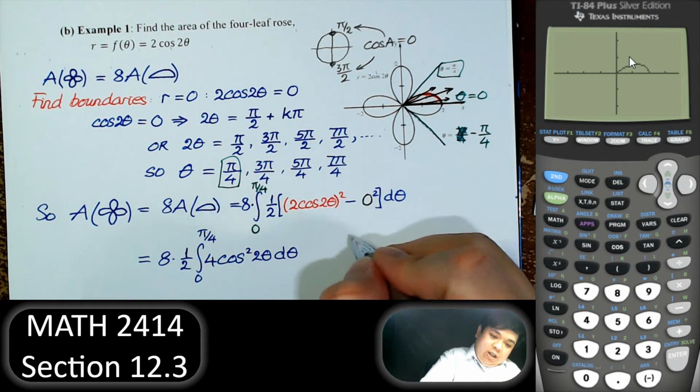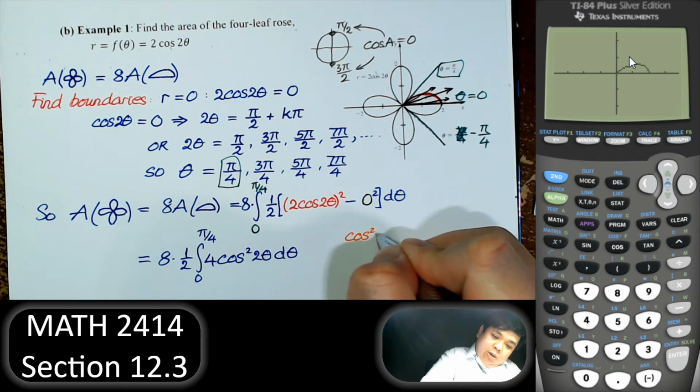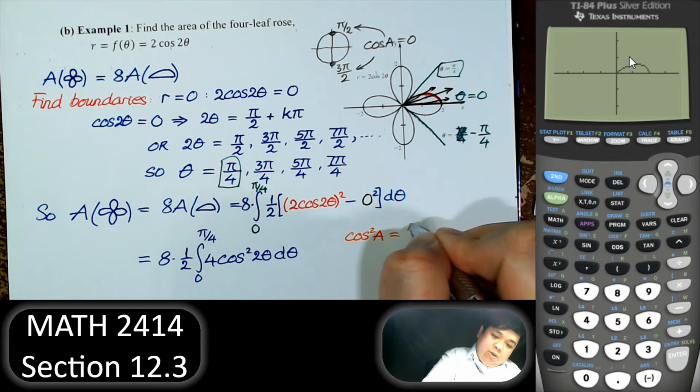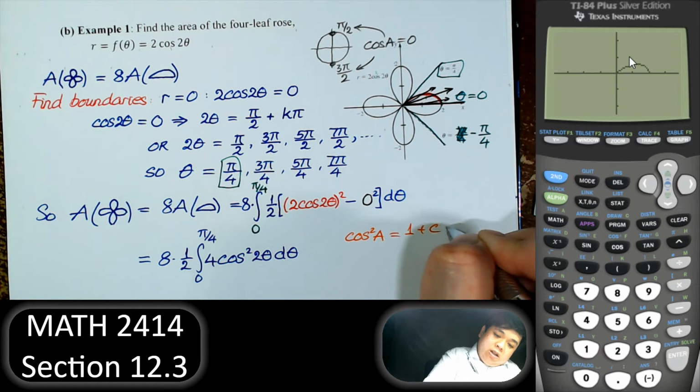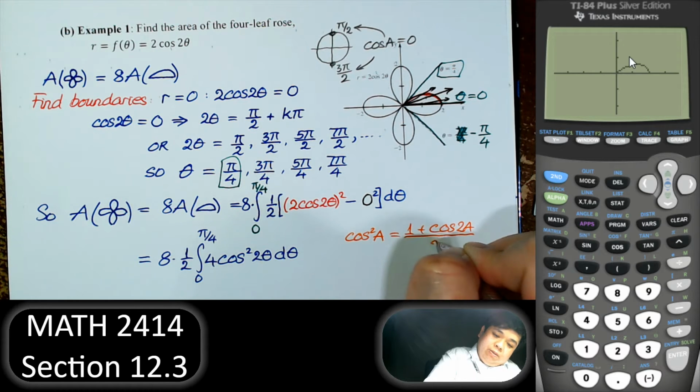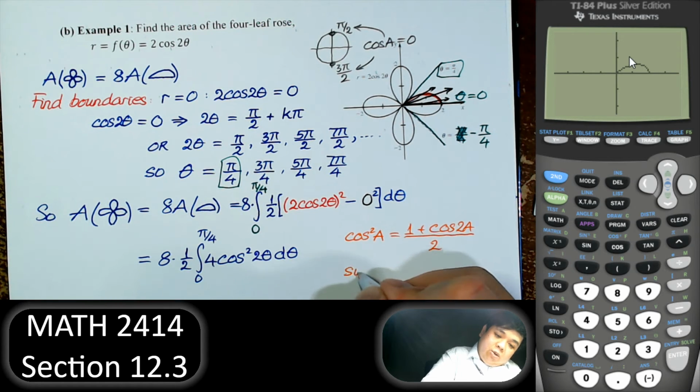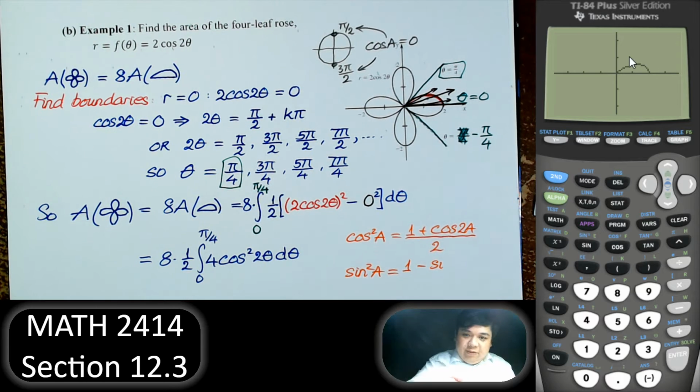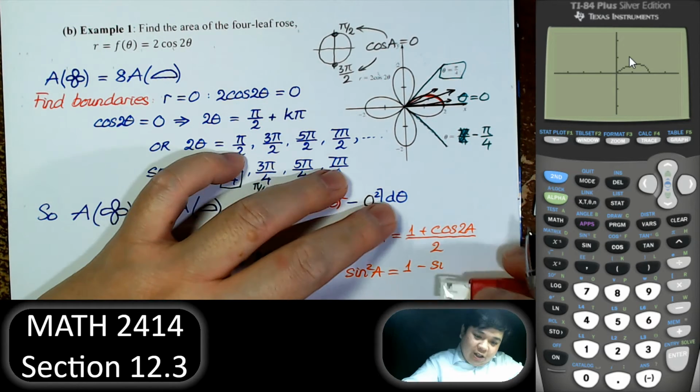So power reducing: cosine square is 1 plus cosine of 2 theta over 2, and sine square is 1 minus cosine of 2 theta over 2.